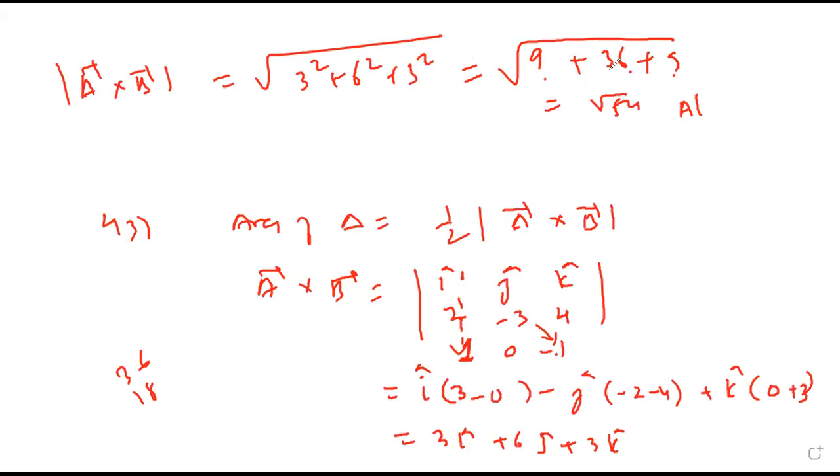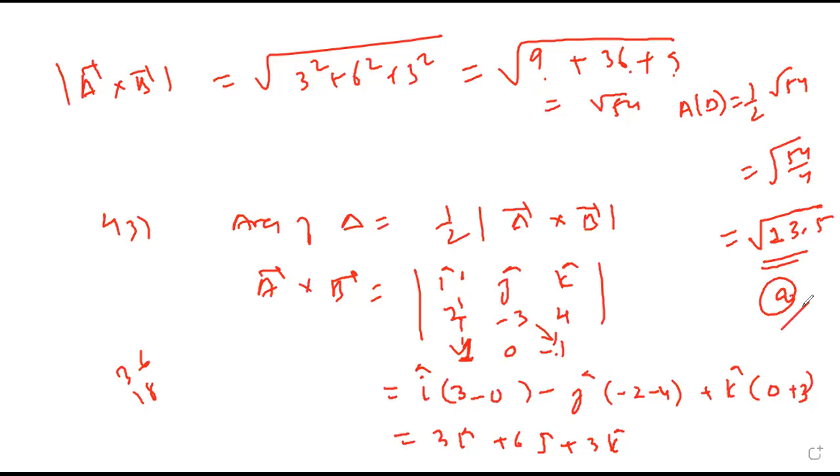The area of the triangle will be half of root of 54, that is root 54 upon 4 under the root. Same answer?